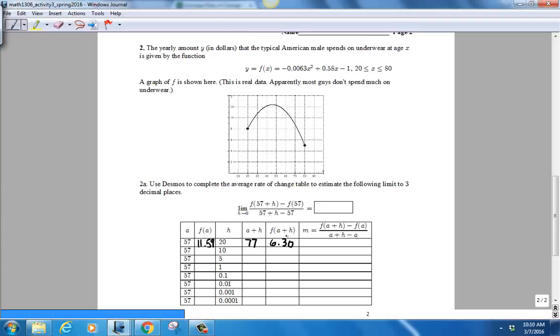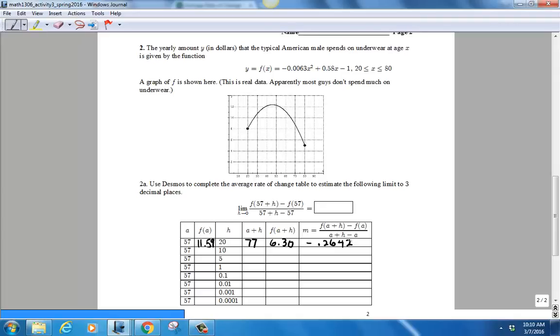That's close enough. We don't really have to write these values down perfectly, because what we're really interested in is the slope of the secant line. So that's where I want to write down some more decimal places. So what was that first slope of that secant line? Negative 0.2642. So when you draw that secant line from 57 over to 77, that's what the slope is.